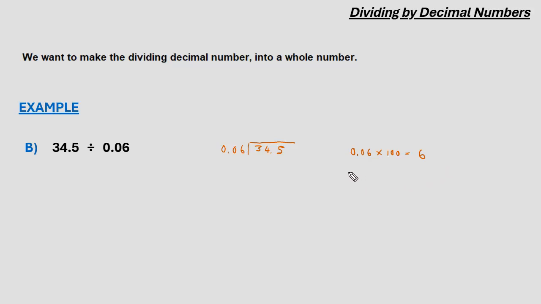But again, we have to do the same multiplication to the number that we're dividing. And this has the same effect. Decimal point moves 2 places to the right, leaving us with this number.